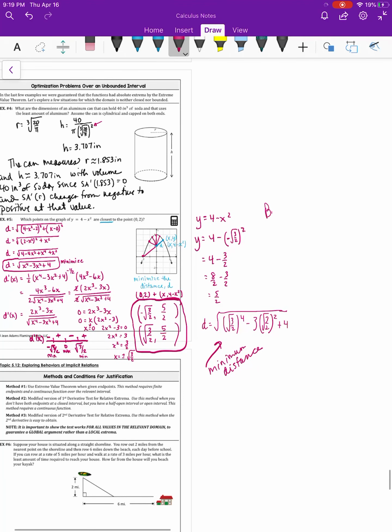Okay, so now methods and conditions for justification.